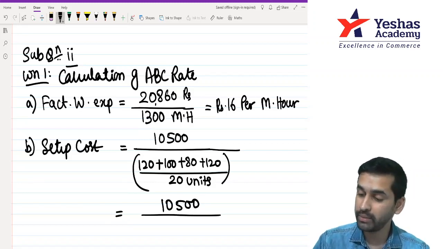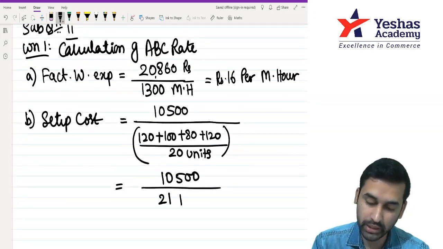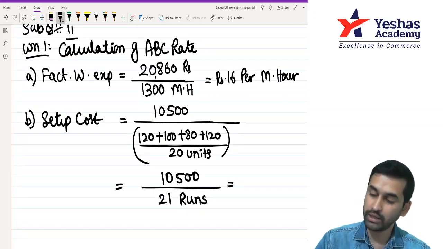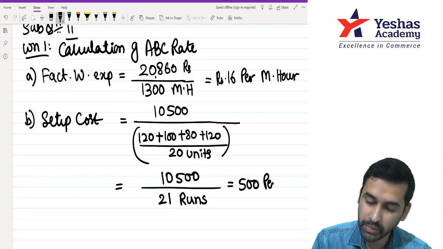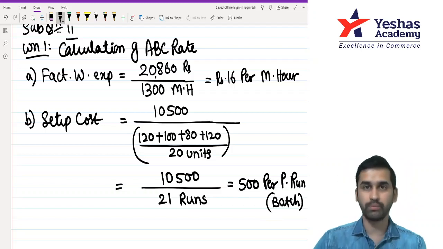Correct. Divided by each production run will be for 20 units. That means you have to do 21 production runs. 21 production runs. Now 10,500 by 21 production runs will be rupees 500 per production run. One production run means one batch, remember. You can write it as either batch or production run.